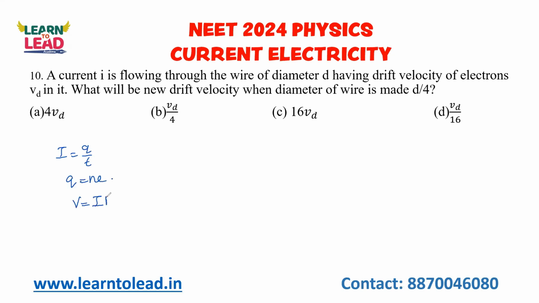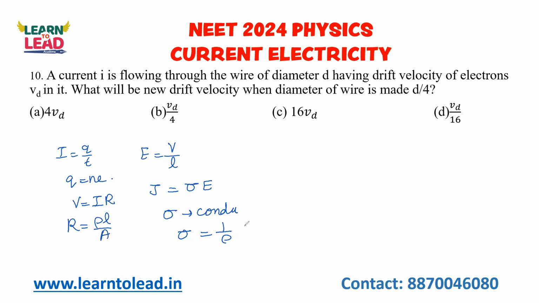According to Ohm's law, V is equal to IR, and R is equal to rho L by A. Electric field is equal to potential difference per unit length. Then current density J is equal to sigma into E, where sigma stands for conductivity, and sigma is equal to 1 by rho, where rho is resistivity.